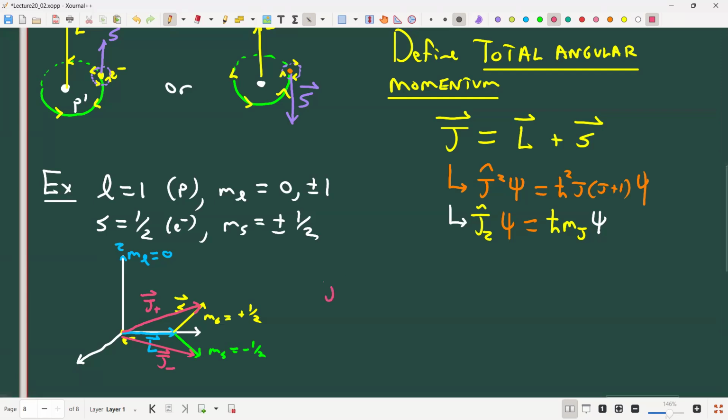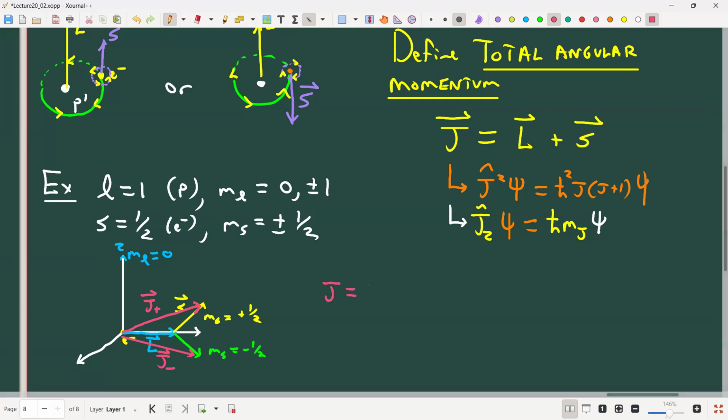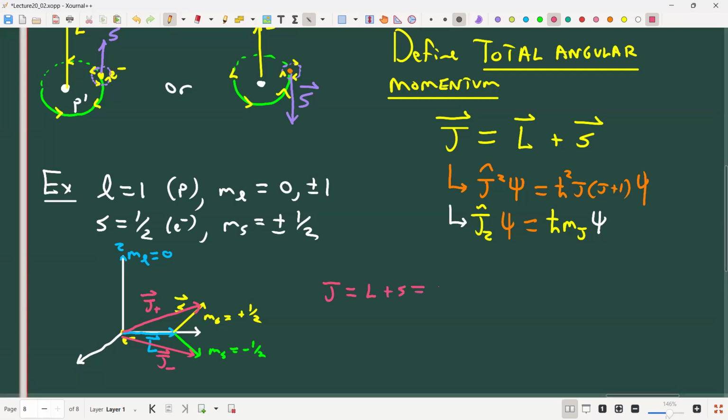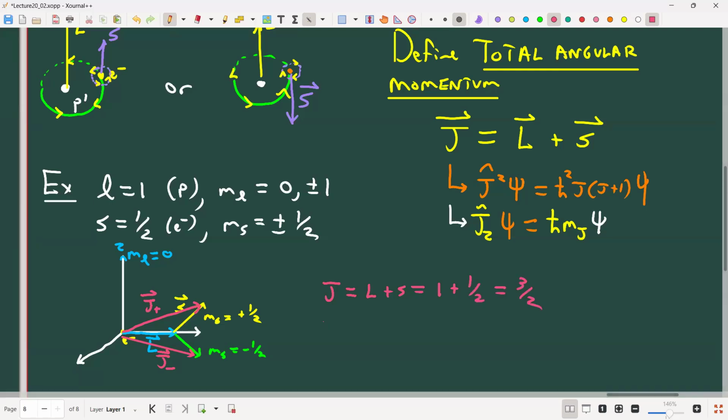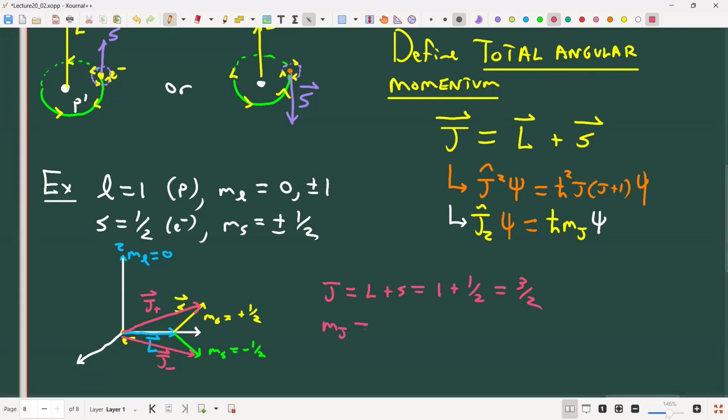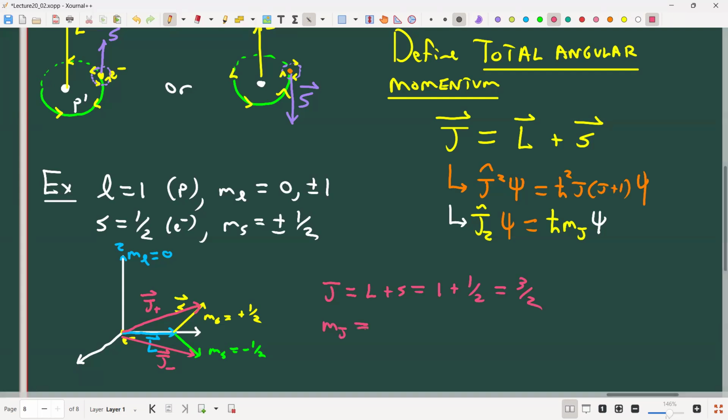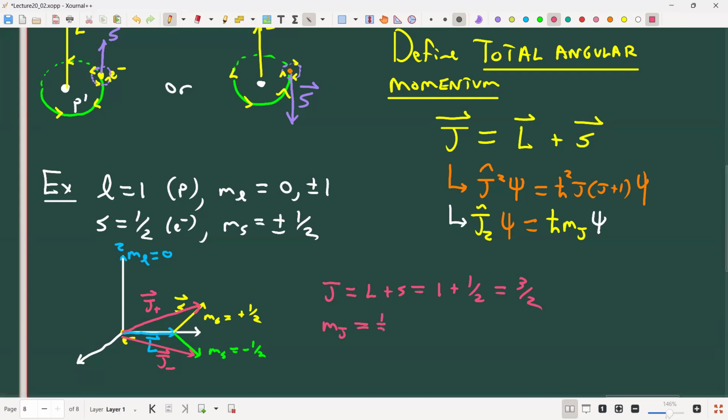Well, J is L plus S, which is 1 plus 1/2, which is 3/2. And M sub J, well, we have two different components, right? We can either add 1/2 to 0 or we can subtract 1/2 from 0. So I either have 1/2 or minus 1/2.